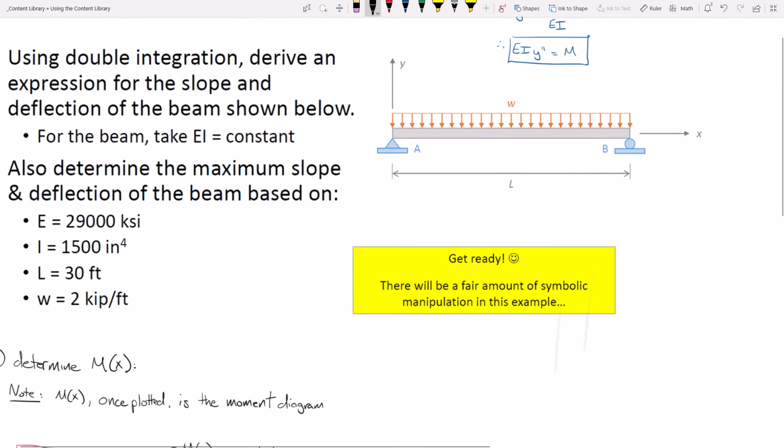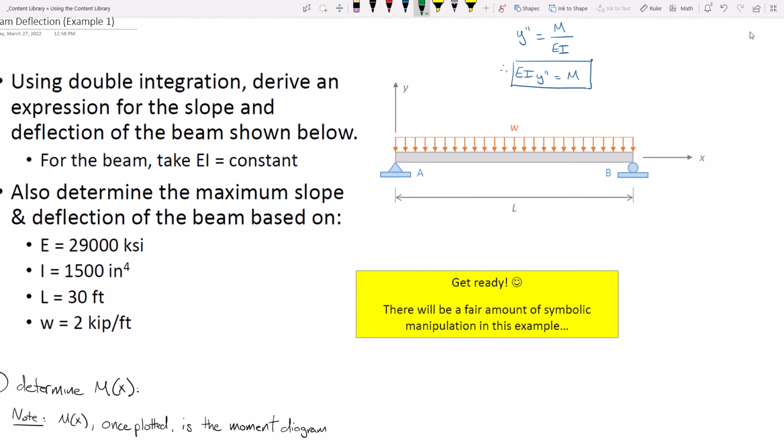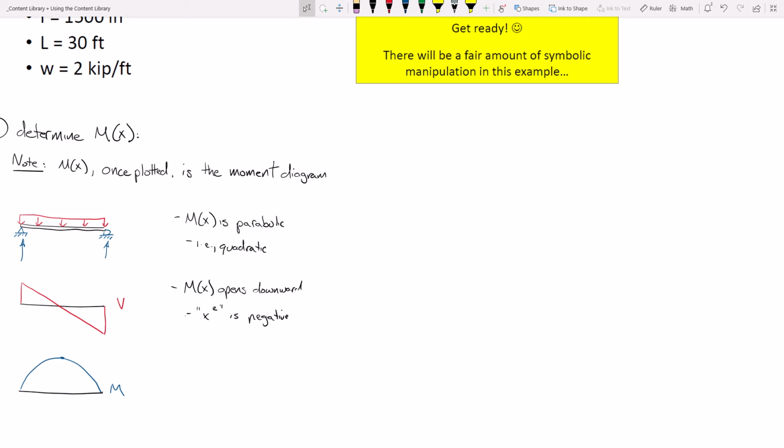What I'm going to do is take my beam and cut a section at some distance x from the origin, and draw the free body of that. So here's the beam. Here's the support. I have some reaction. I'm just going to leave that as R right now, but I'll change that later.